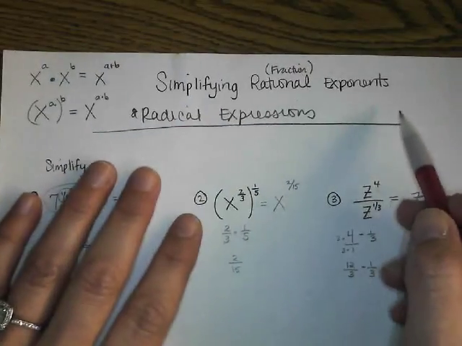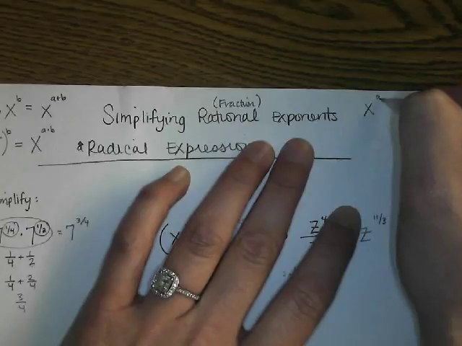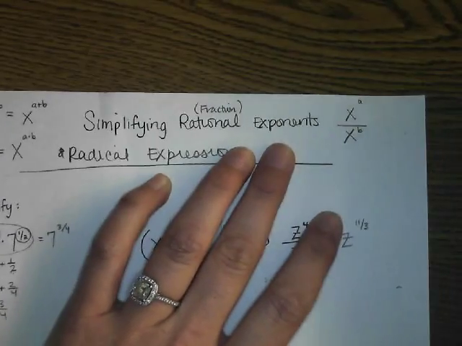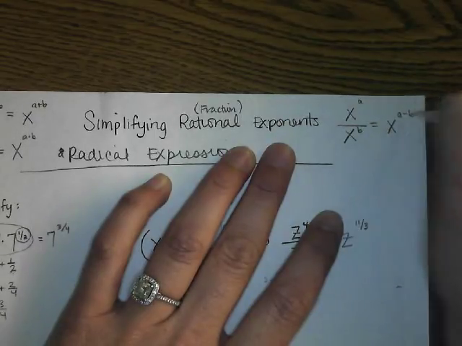Okay? And so the third rule that I'll throw up in the top right is another common base rule. If I have x to the a, and I divide it by x to the b, I get x to the a minus b.